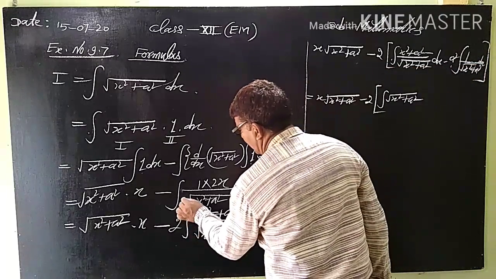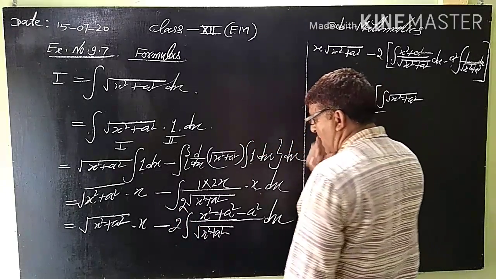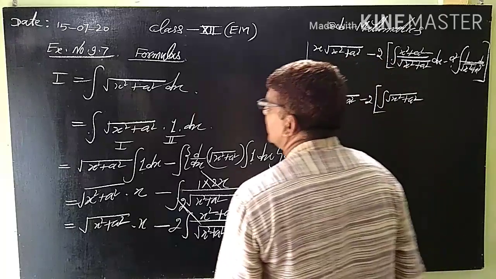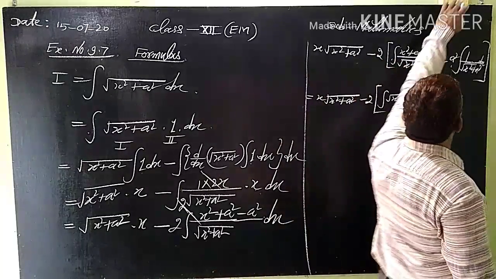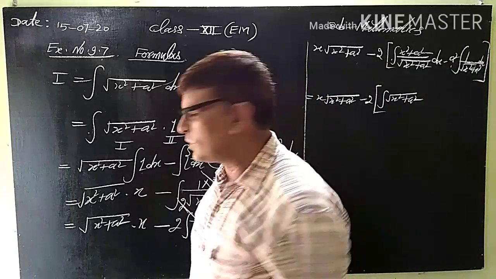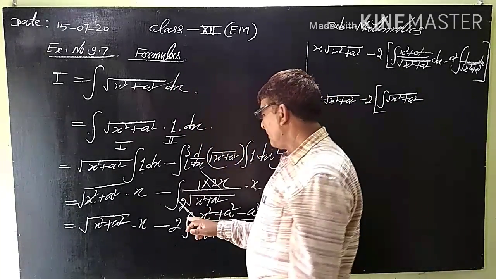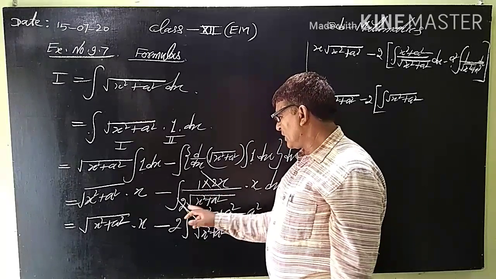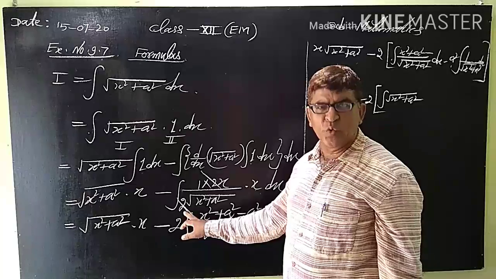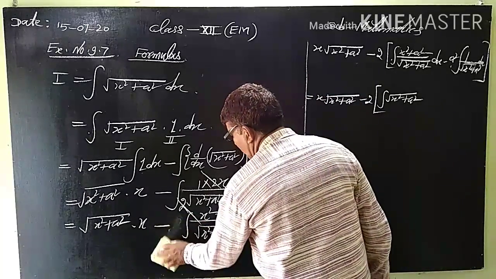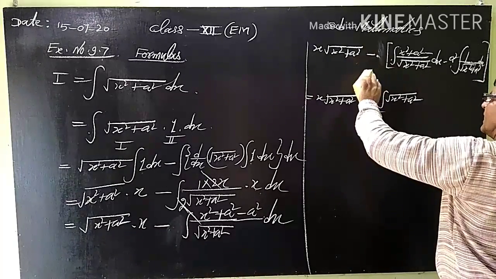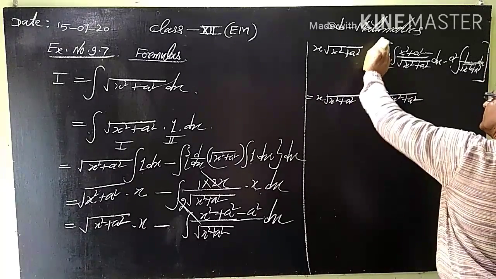Here we have to write 2, and 2 is cancelled by 2. So there will be no 2, because the 2 in the integration of under root x gives 1 upon 2 under root x. I had written only 1 upon under root x square plus a square, which is wrong. Then I have to put 2 and remove it from here, and it is also removed from here.